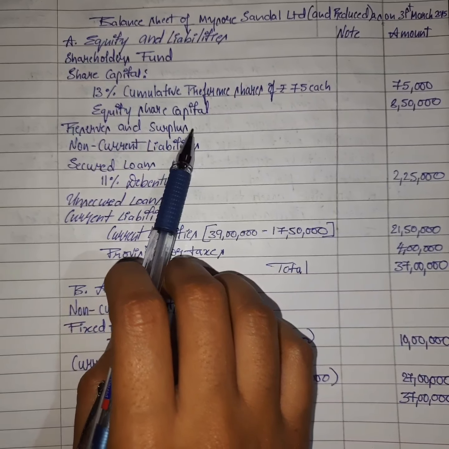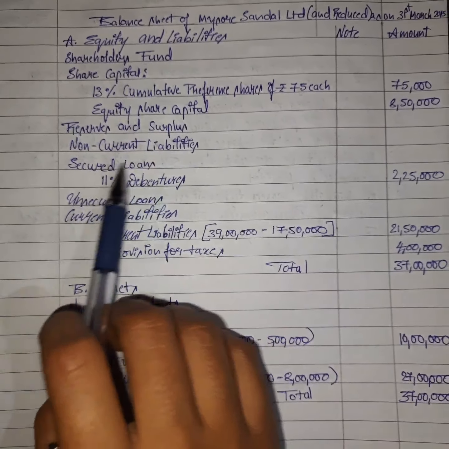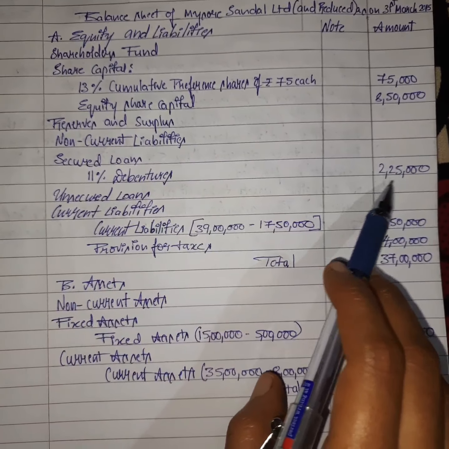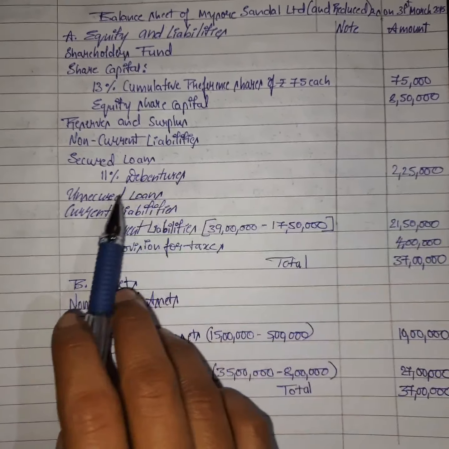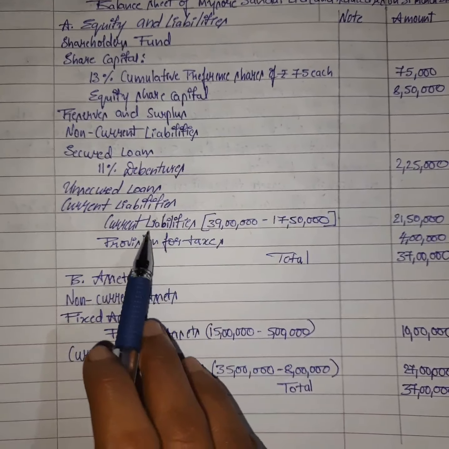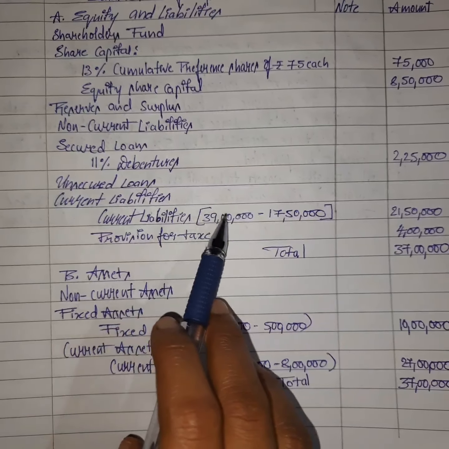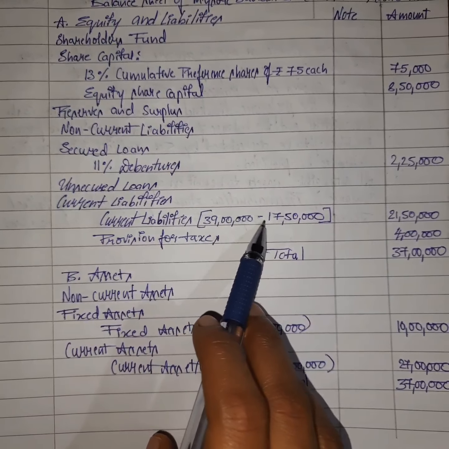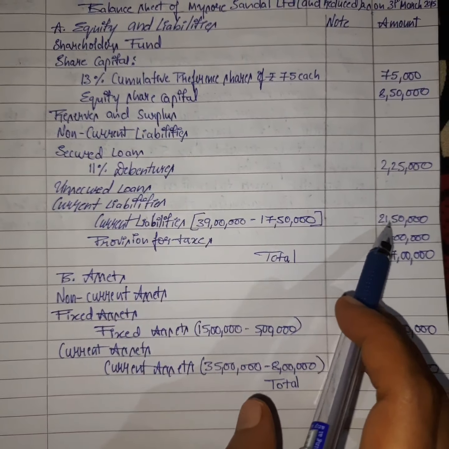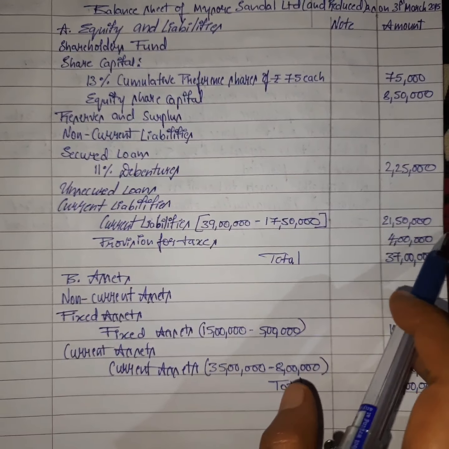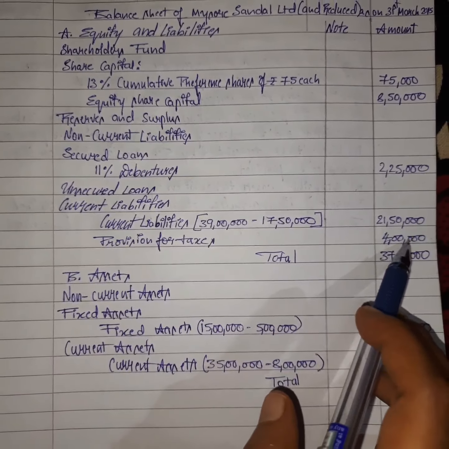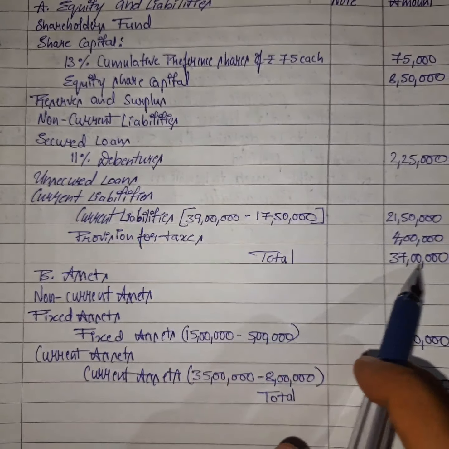Reserves and surpluses, non-current liabilities, secured loans, 11% debentures, 2,25,000. Unsecured loans, current liabilities, 39 lakh minus 17 lakh 50,000. In outer column you are writing 21 lakh 50,000. Provision for taxes 4 lakh. In the adjustment you have taken total 37 lakh.